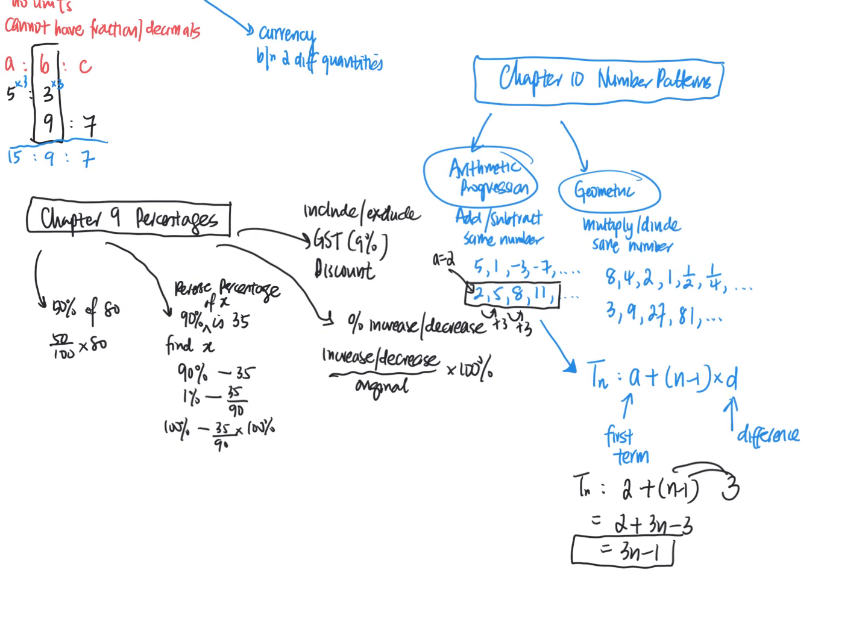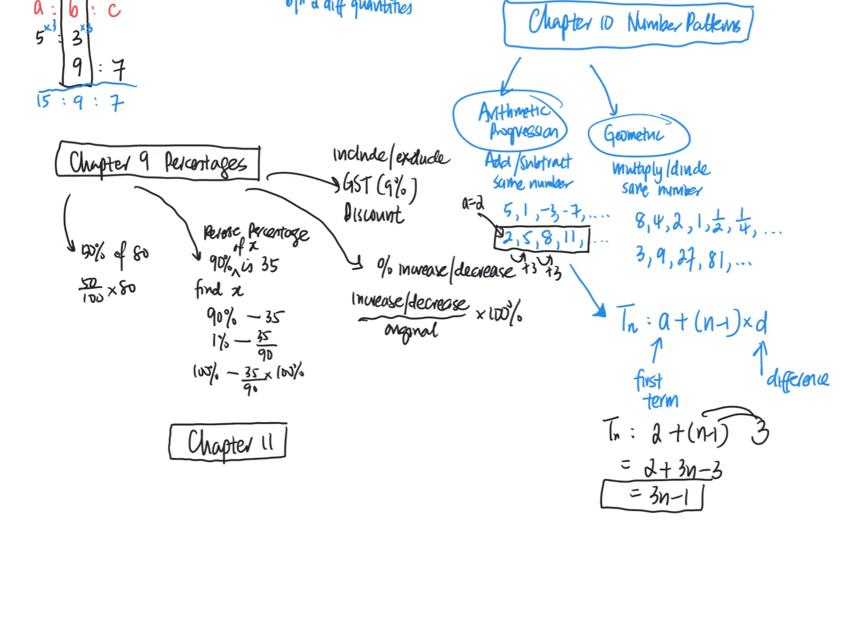Okay, then the very last chapter, 11. Okay, remember we learned how to plot. So that means if I give you 5, 3, you must know this is the x coordinate, this is the y. So remember, this is x, the horizontal one.